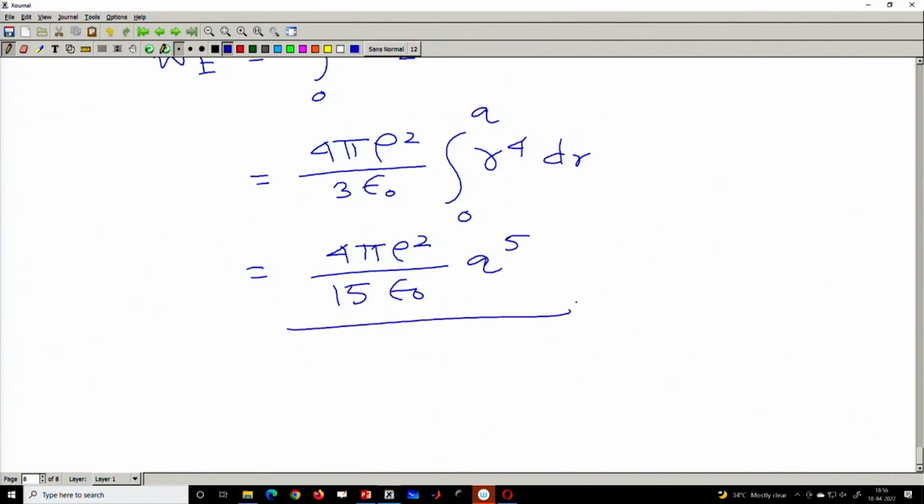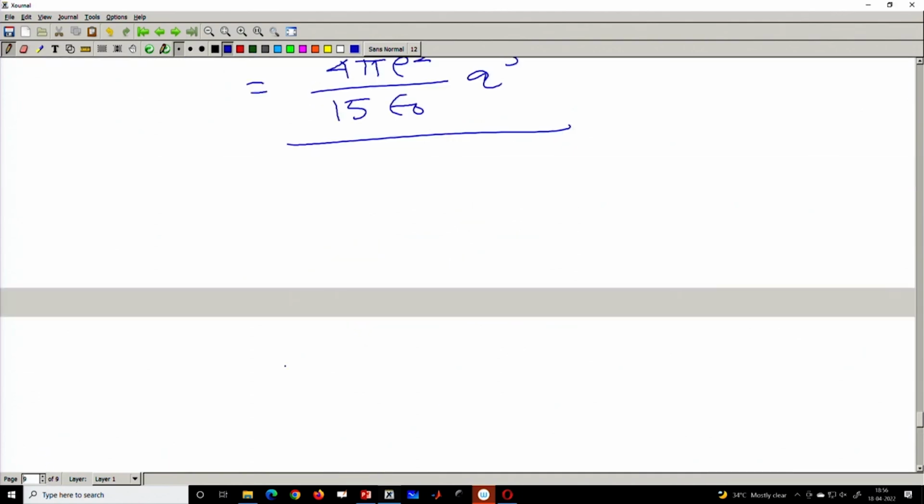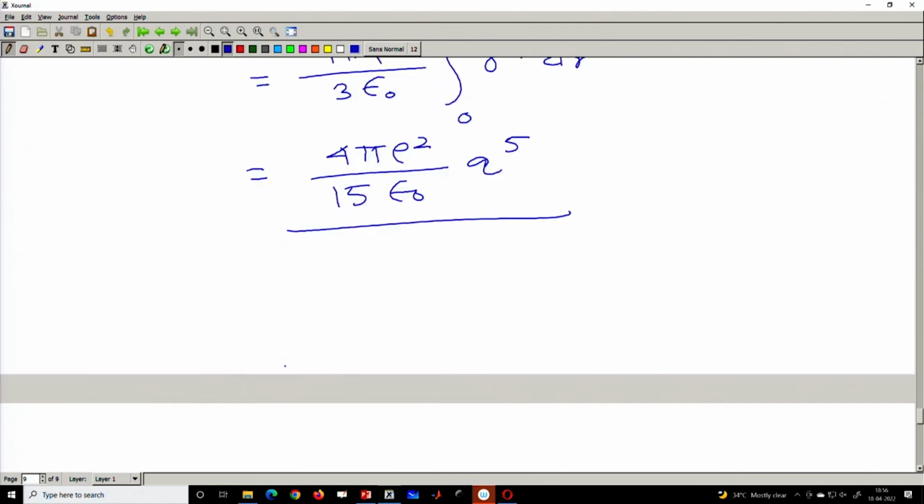Now, I can return back because the total charge q is there. So, I need to just change this rho in terms of q. q is the total charge and that is 4 by 3 pi a cube rho.